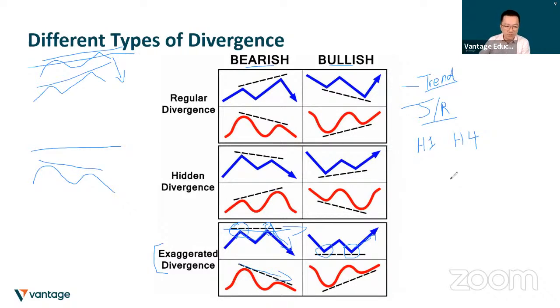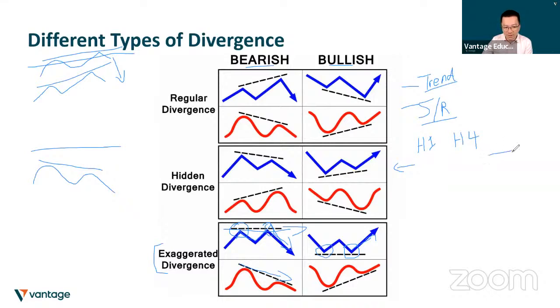Why so? If you look at anything less than the H1, M15, M5, it becomes very noisy. You're going to see price changing directions very quickly. You're going to see indicators shoot up and shoot down very quickly. So it becomes noisy.